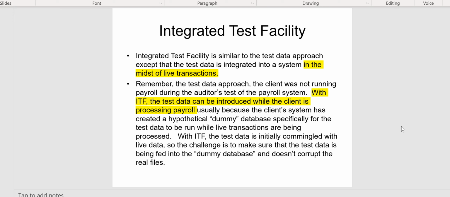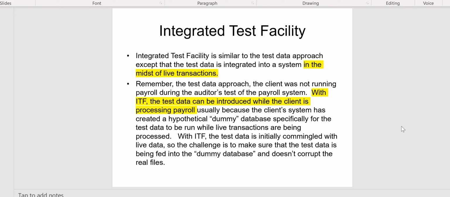And this way, the computer program can be tested with every run rather than just periodically. Client operating personnel are usually unaware of the testing process. So once again, we're using auditor data to test the client's system, but this time the client system is running live.